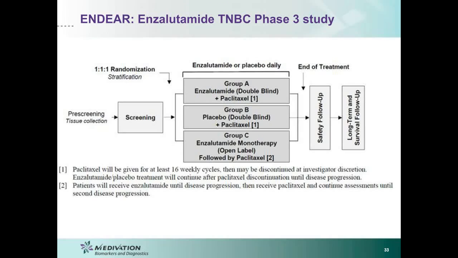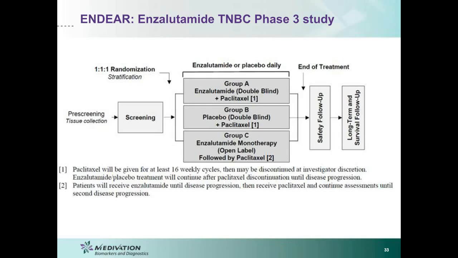But because we have this test in place and can produce the proper measures to provide sensitivity measures to enzalutamide using current instrumentation, a study was designed to test this in a more robust manner. In this randomized, double-blinded phase 3 study called ENDEAR, patients will be screened using the assay discussed today, and those considered diagnostic positive will be randomized to one of 3 arms.